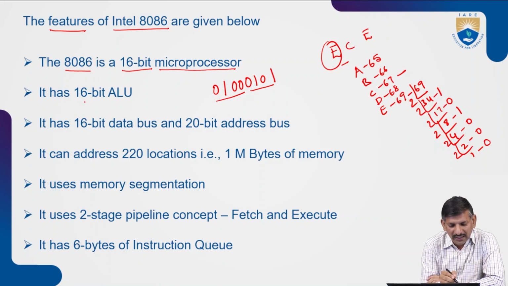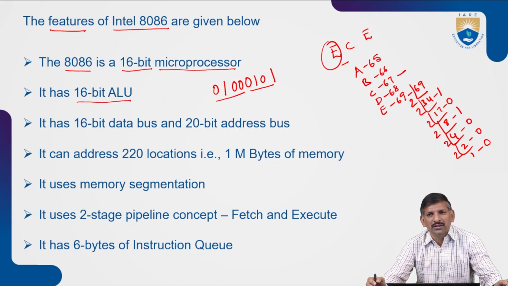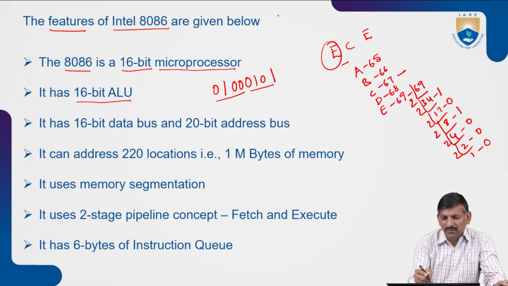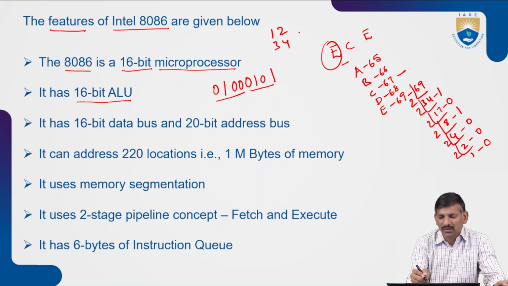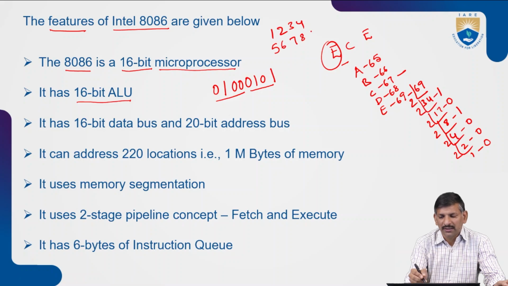Next, it has a 16-bit arithmetic and logical unit. It will add two 16-bit numbers, or do arithmetic operations on two 16-bit data. Suppose we take two 16-bit numbers, 1, 2, 3, 4 and 5, 6, 7, 8, from the decimal point of view.